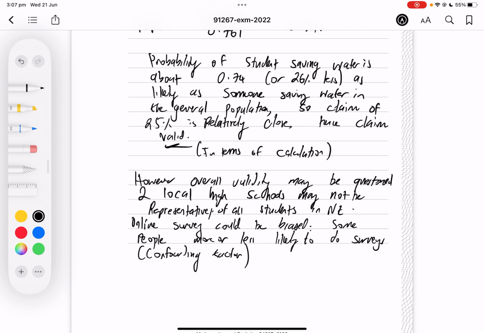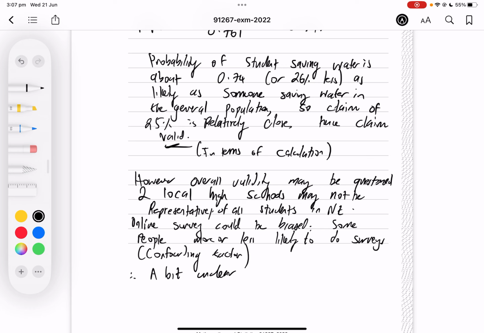And the categorization of whether or not you're saving water is a bit unclear. It's unclear what exactly it means to save water, since there's also another category that says some people save water when there's restrictions in place. So does this actually count in whether or not the person saves water?